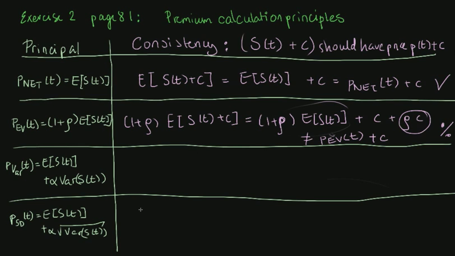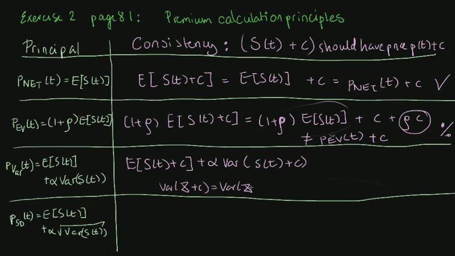Now let's try to look at the variance principle. And already quite quickly we can establish that we are really quite safe because in the variance principle we plug in S(t) plus c here and we plug it into the variance expression, right? And we all know that variance is translation invariant. That means that if I take the variance of some variable x plus a constant, then the variance just stays the same as it would have been for x.